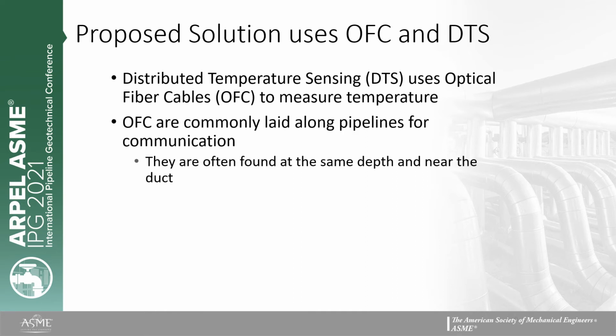It's common to have optical fiber cable laid along a pipeline because we use them for communication, and we find them laid near the pipe and probably at the same depth.